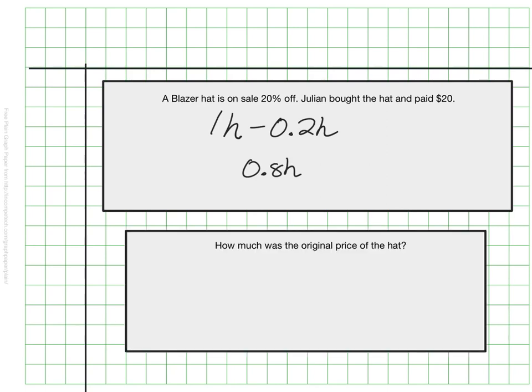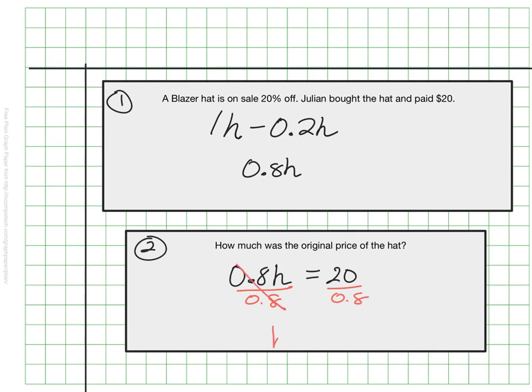We can think of that as step 1. And then step 2, we can figure out using this what the original price of the hat was. I know this expression shows how much Julian paid, and we know that in actuality he paid $20, so I know this is equal to $20. And from there, I can just solve algebraically, right? I would divide both sides by that coefficient.